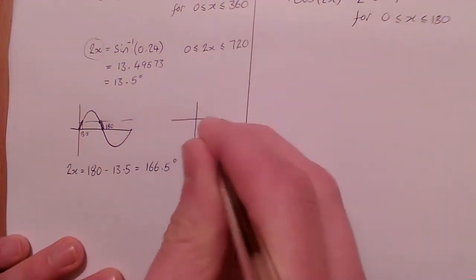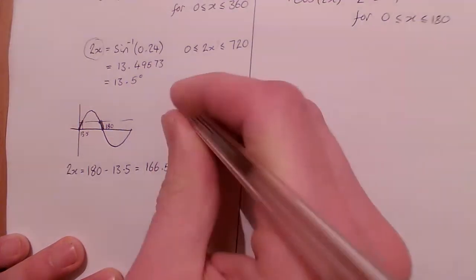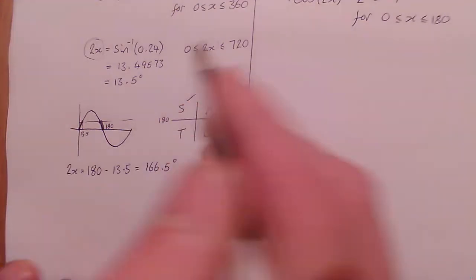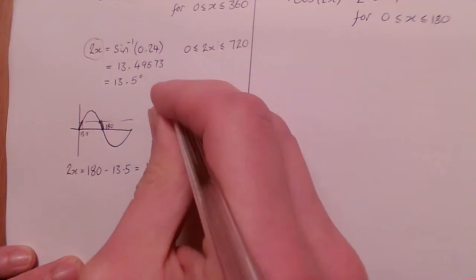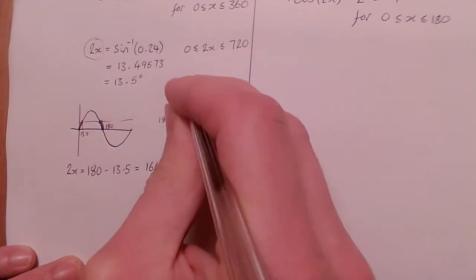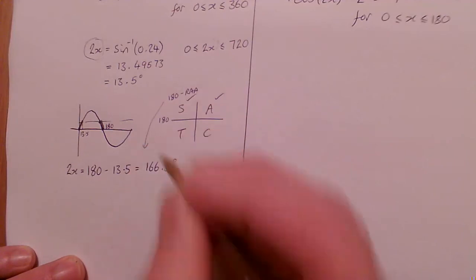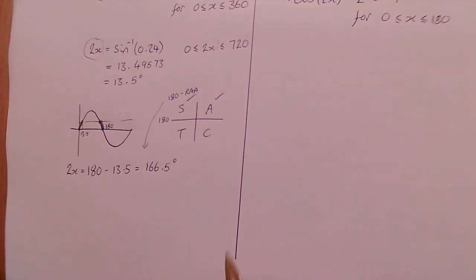Same thing with a CAST diagram, just if you're using that method. Sine is positive, so rather up here or up here. That's 180. Because we're working with a positive, our relative acute angle is just 13.5. We do 180 minus our relative acute angle. So we again get 166.5.